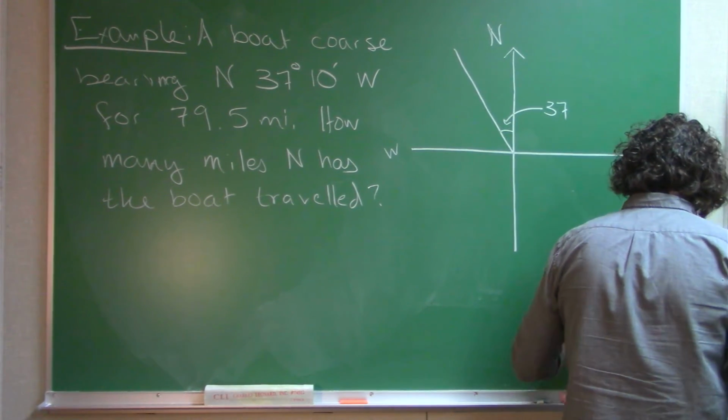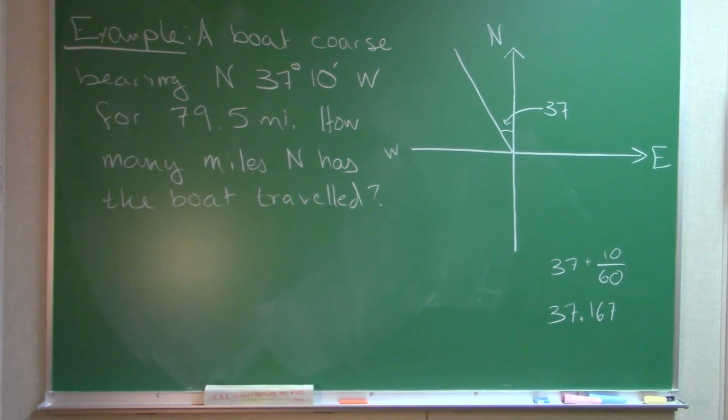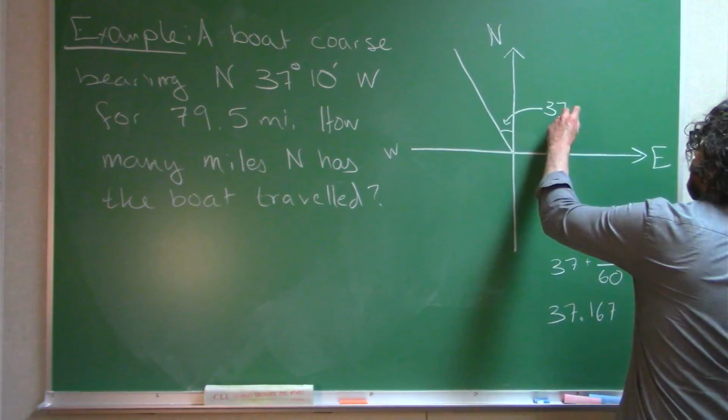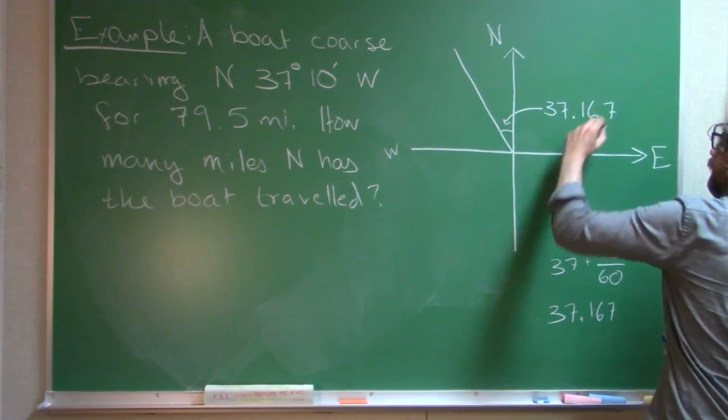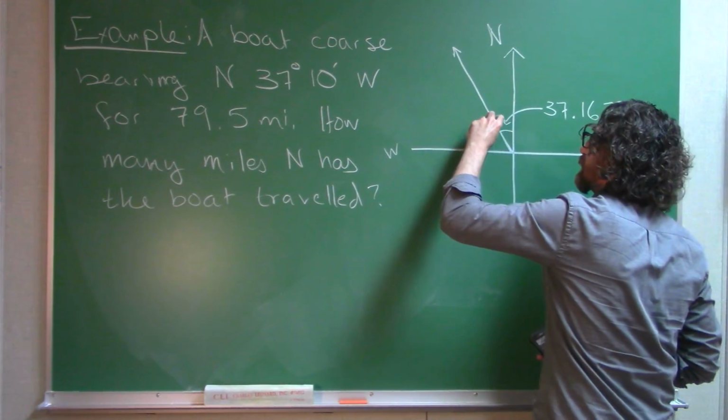Let me check with my calculator really quick. I'll probably need it for the computations anyway. Okay, 10 divided by 60. Yeah, so 0.167 degrees. So 37.167.